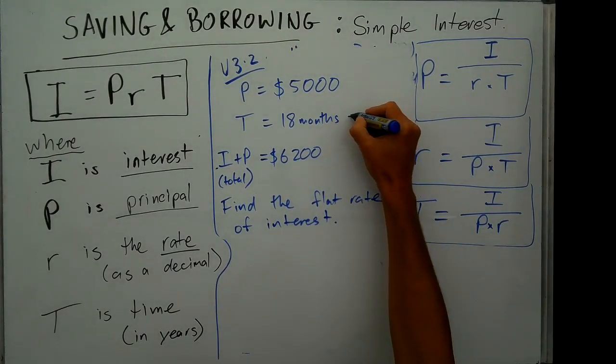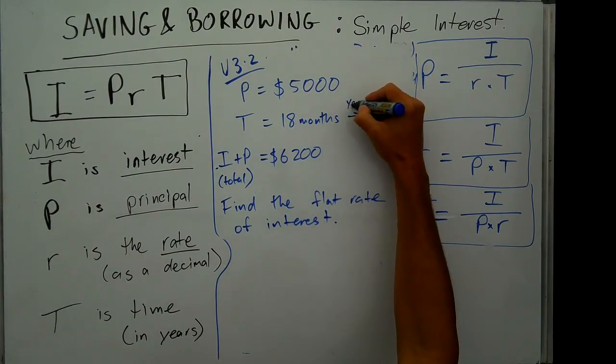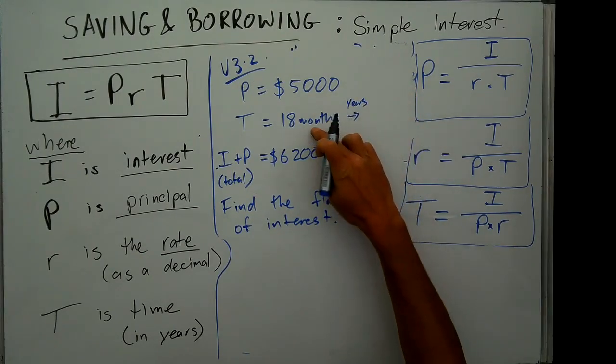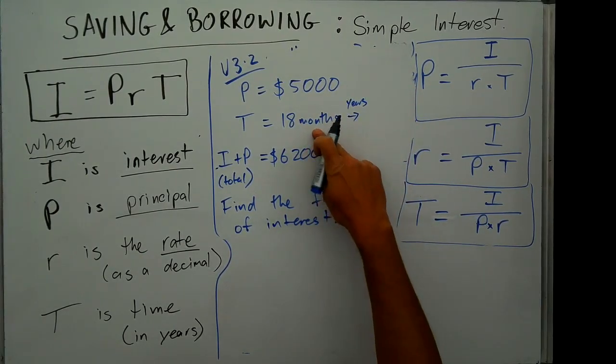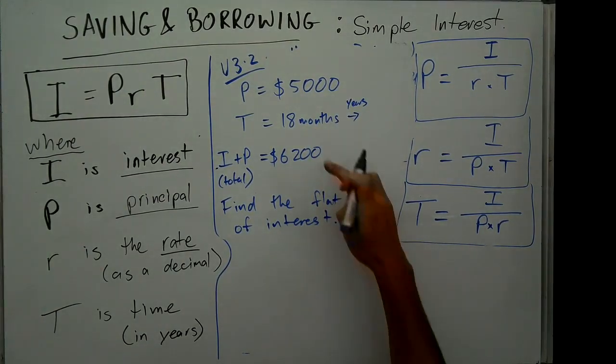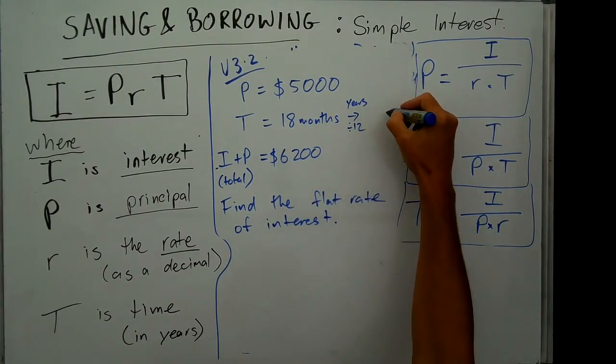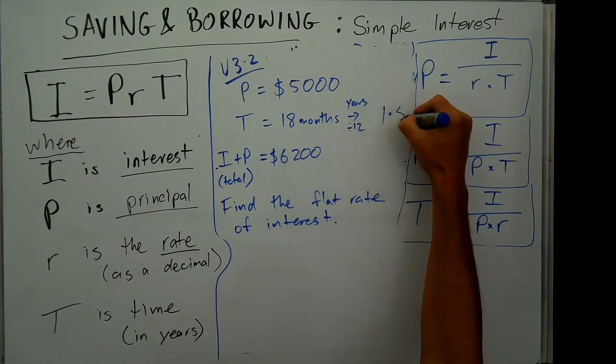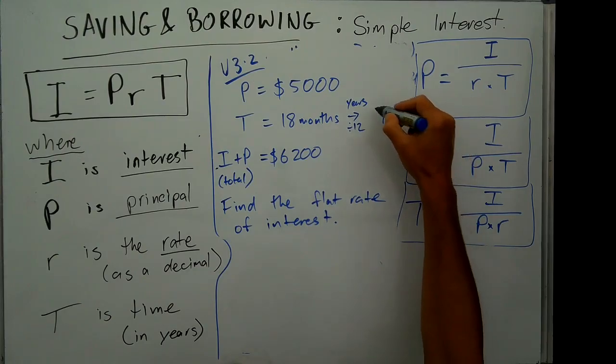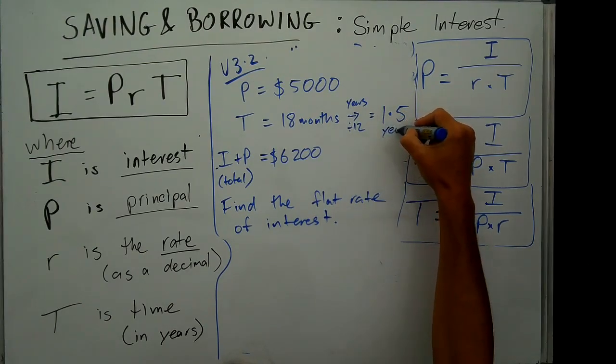Okay, so we need this to be years. So for every 12 months, we've got 1 year. So I'm going to divide by 12, and I can do that one in my head. It is 1.5 years.